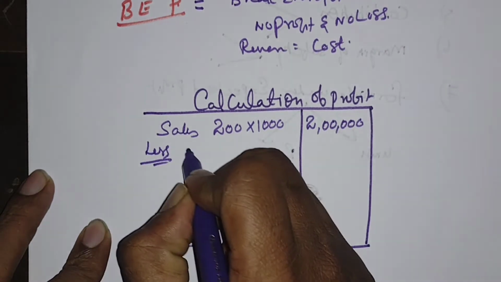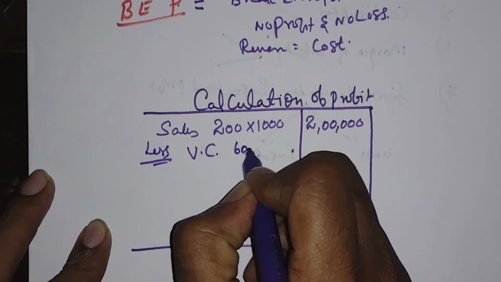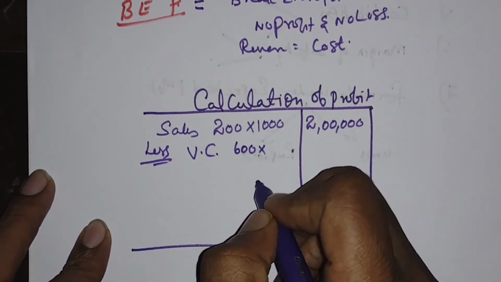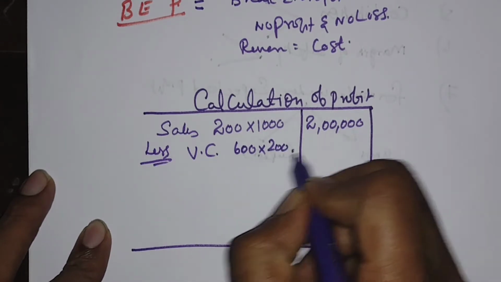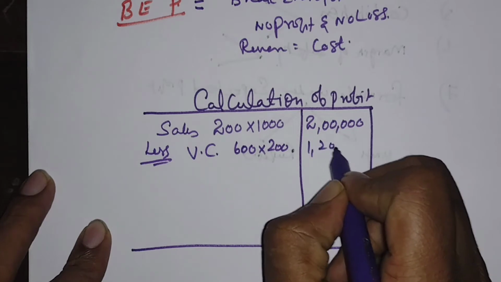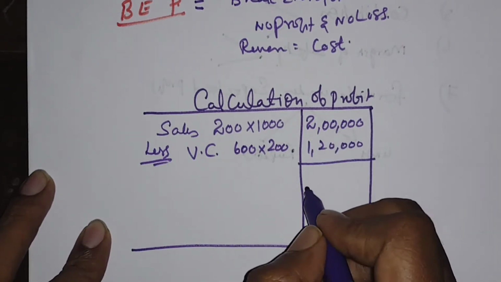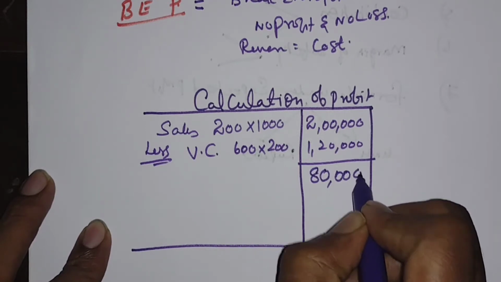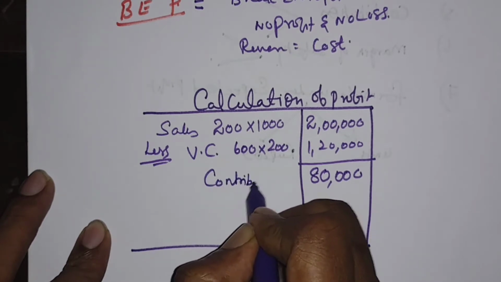Less variable cost. Let us assume 600 rupees is my variable cost. For the 200 units it is 1,20,000 rupees. The balancing figure I get, rupees 80,000, is called contribution.